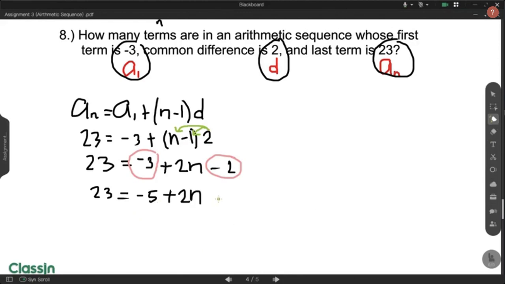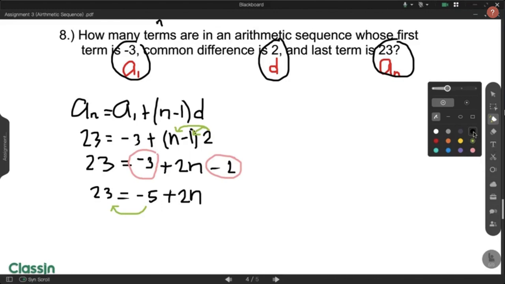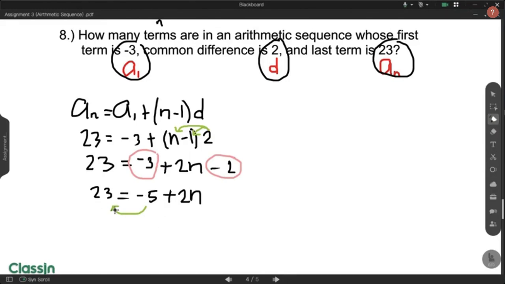Let's add 5 in both sides of the equation, or you can simply transpose. Negative 5 will now become positive 5 on the left side of the equation. 23 plus 5 equals 2n. 23 plus 5 is 28 equals 2n.